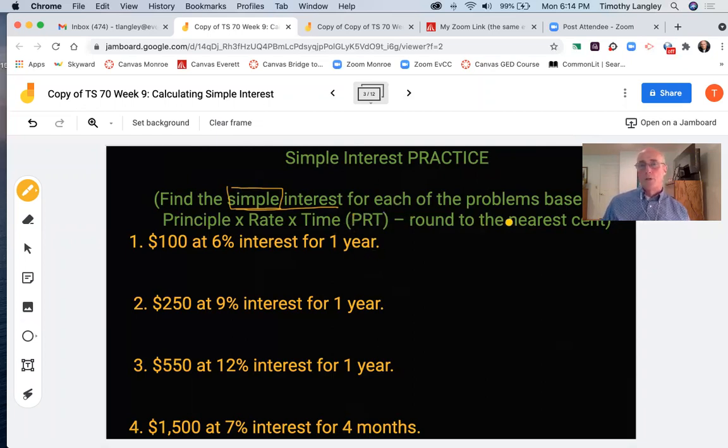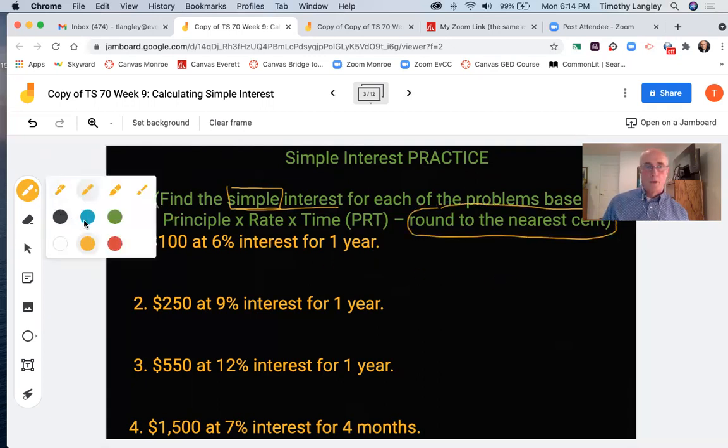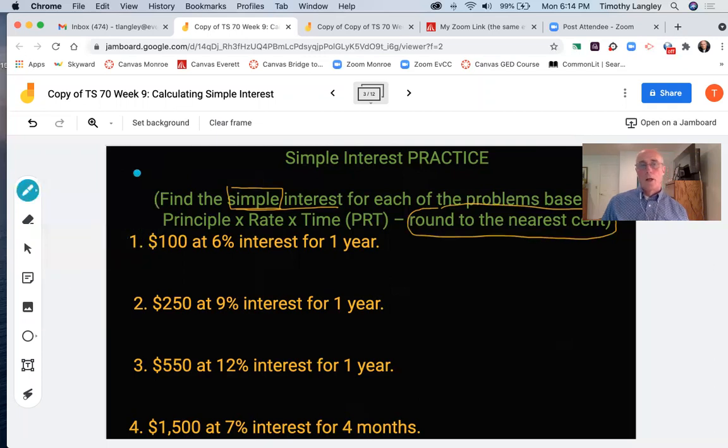But for each of the problems based upon the principal times rate times time, PRT, round to the nearest cent. I'm going to circle this. Cent would be like 25 cents. Just to remind myself, hey, don't forget to do that.